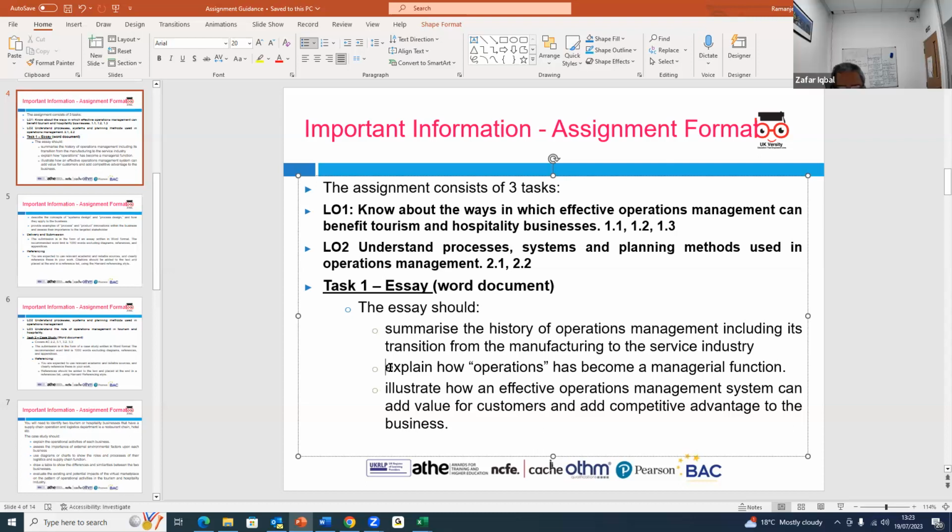The third point that you need to look at is to illustrate how an effective operations management system can add value for customers and to the competitive advantage of the business.